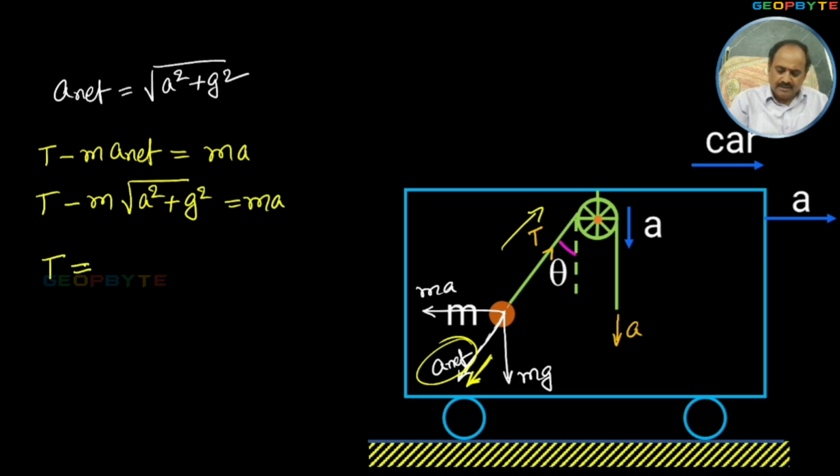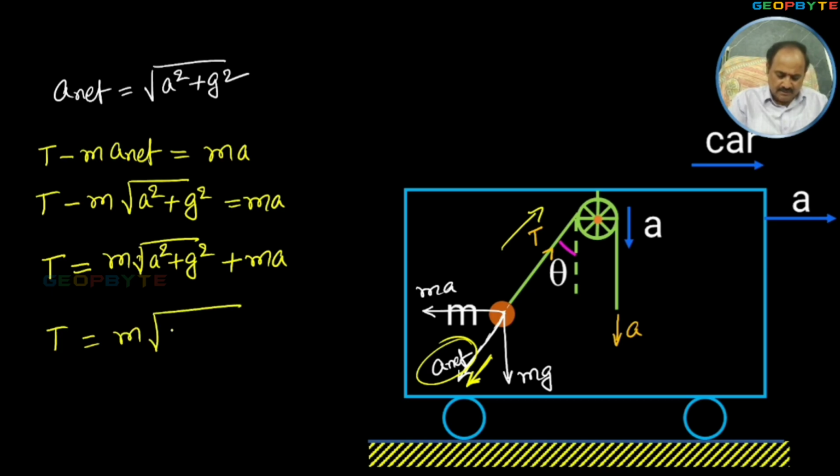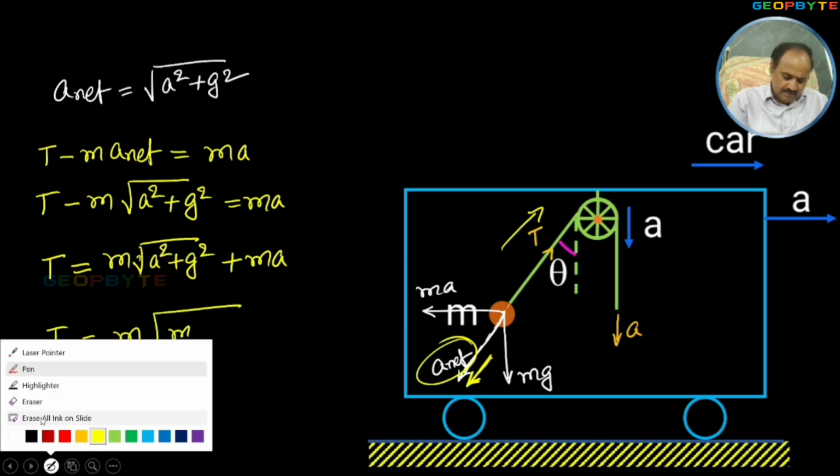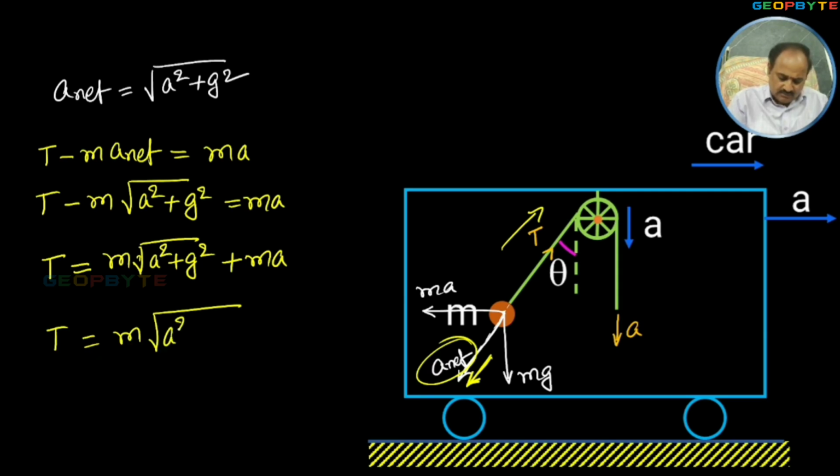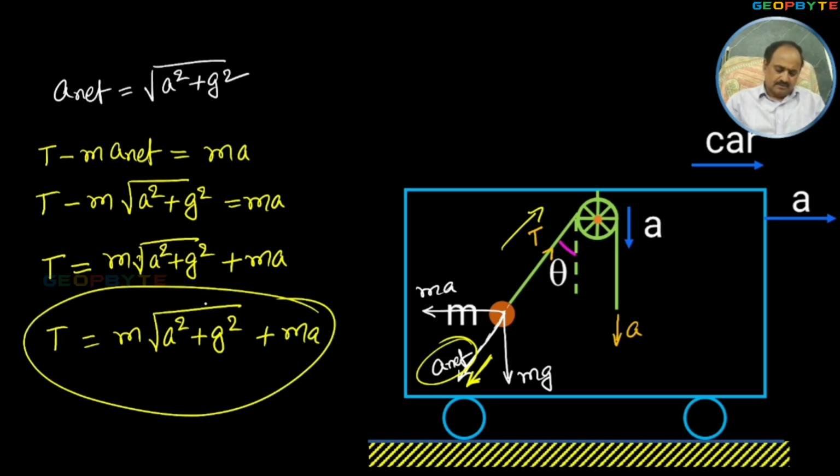Therefore, the net tension in the string is m into root over A square plus g square plus ma. That is the net tension. Once again, I am writing clearly: T equals m root of A square plus g square, plus ma. That is the tension developed in the string.